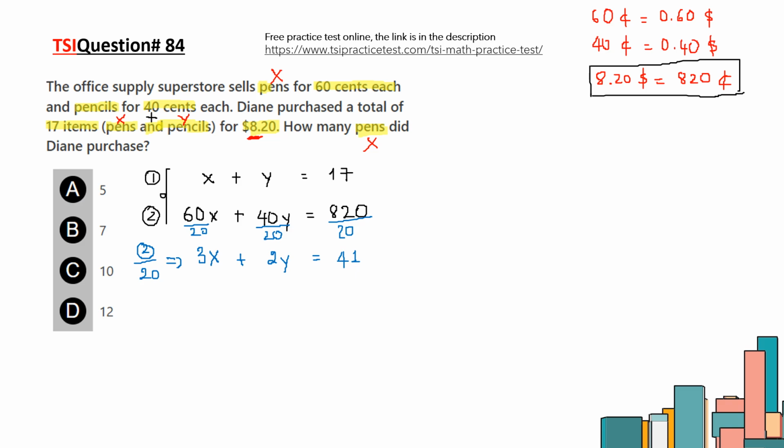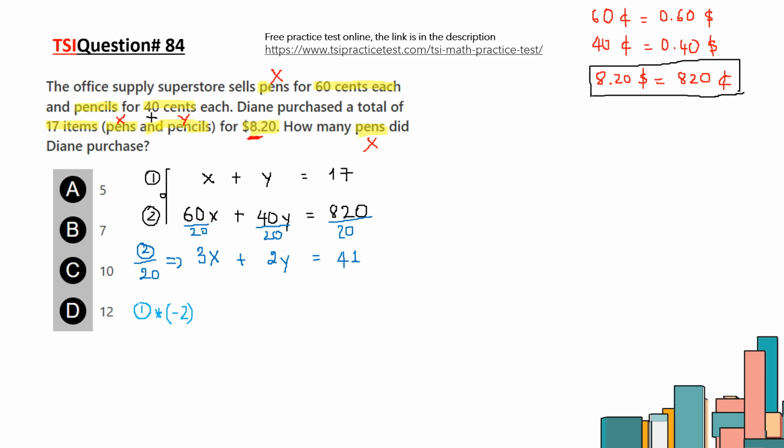Now I want to eliminate y because I want to find x directly. I don't want to eliminate x, then find y, then find x again. To make that happen, I will take equation number 1 and multiply by -2.